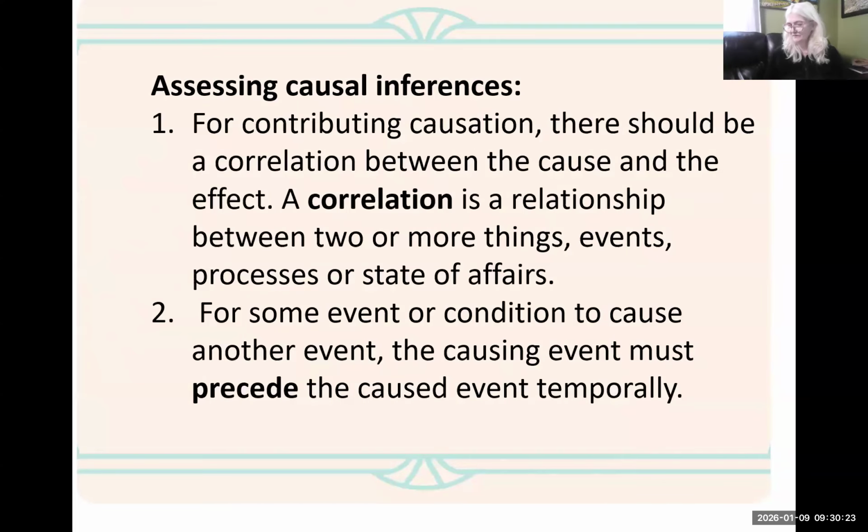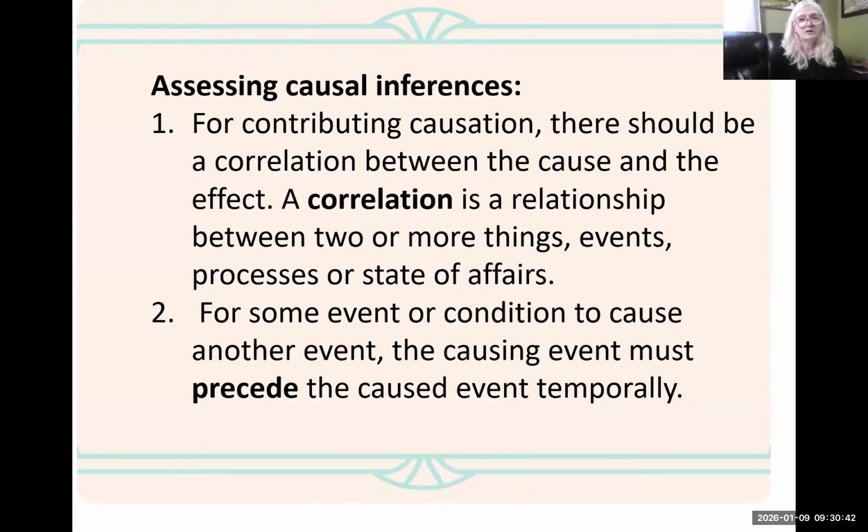When we're assessing causal inferences, for contributing causation, we're looking for correlation between cause and effect or between 2 coexisting processes. A correlation is a relationship between 2 or more things, events, processes, or states of affairs.